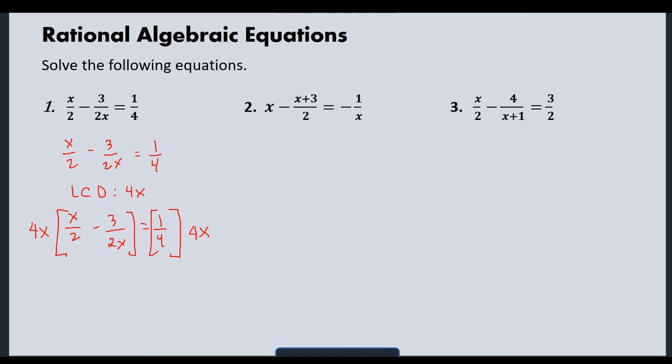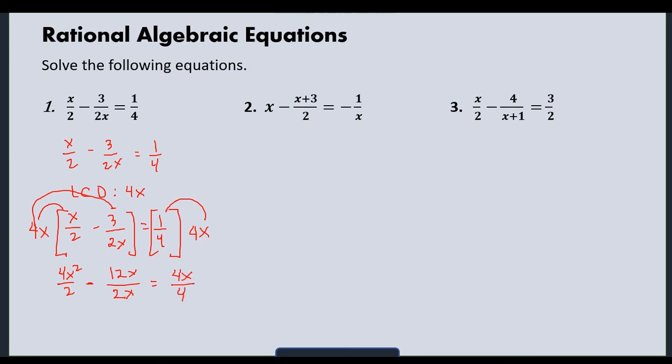So again, 4x times x will give me 4x squared all over 2. Minus, so copy the minus sign here. We'll be distributing 4x for each term. So 4x times 3 is 12x over 2x equals, then 4x times 1 will give me 4x over 4.